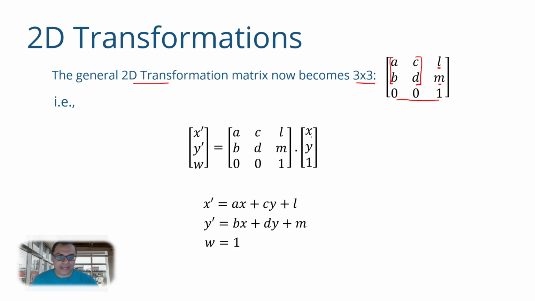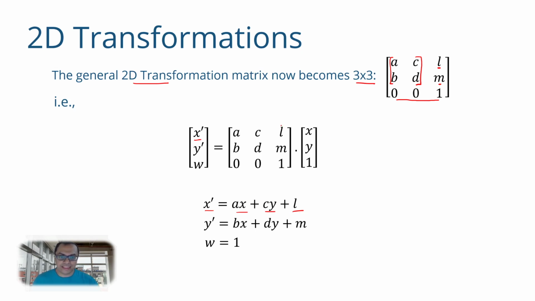We take the homogeneous form of any given Euclidean point. If we are given a point xy, its homogeneous form is xy1. We apply this transformation with a usual matrix vector product, and you will find that x prime is a times x plus c times y plus L.